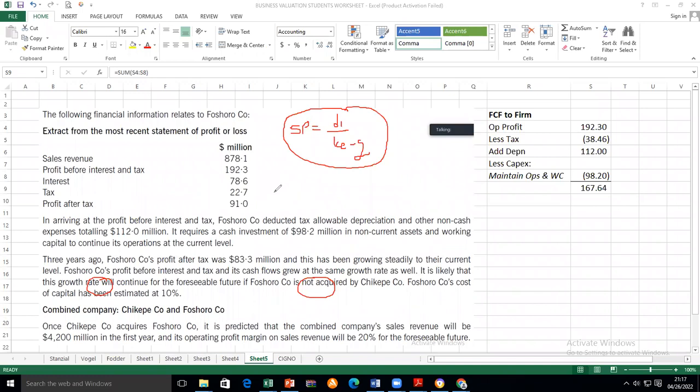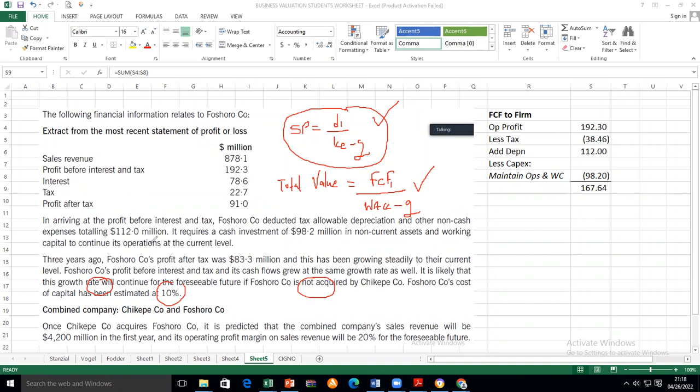And when we're looking at the total value of the company, we take the free cash flow to firm after 1 year, divided by WACC minus g. This basically is just an adaptation of that. Do we have the WACC? Yes, 10%. What was the future expected growth?